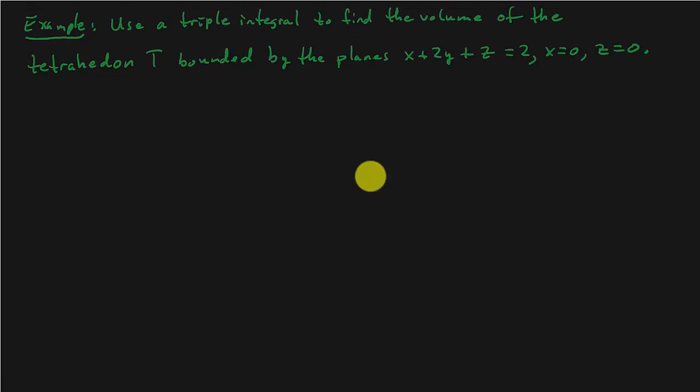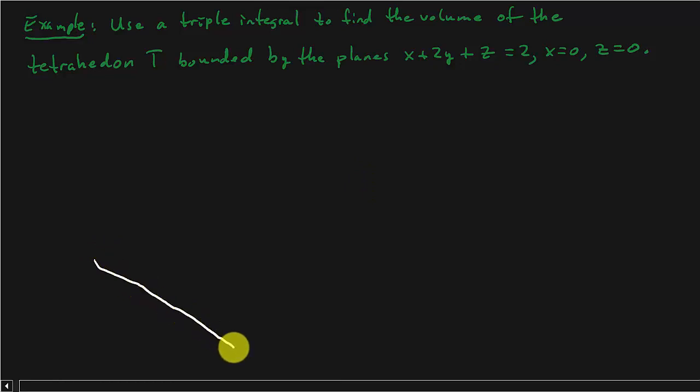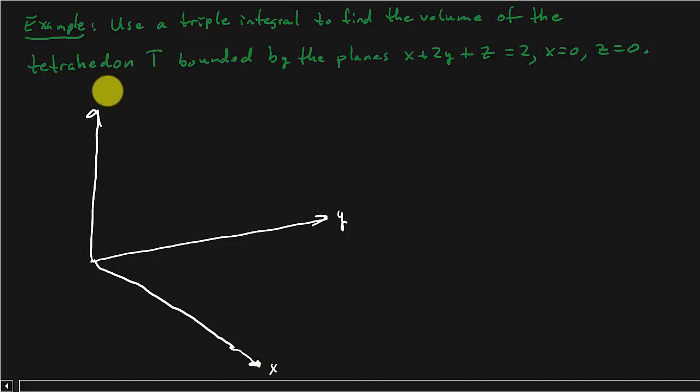So let's draw the x-axis like this and the y-axis coming back like this, and then the z. So we've got x, y, and z. All right, so let's see what we've got. If we do x equals z equals 0, so x and z are 0, that's going to give us y equals 1.